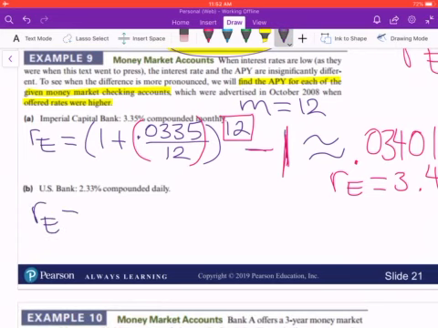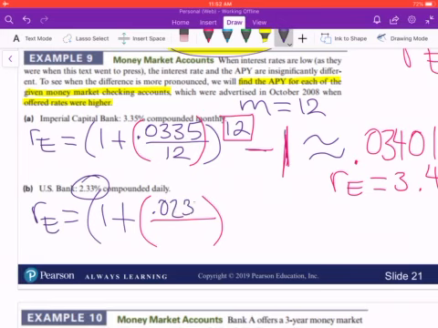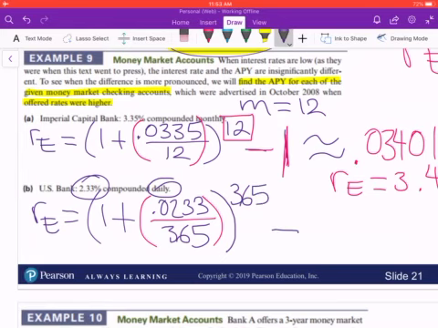Now for the next problem, we're also finding the effective rate. Remember, we're going to use the formula. So that would be 1 plus. Here we will have 2.33% or 0.0233. This is compounded daily. So for m, we will use 365, to the power 365. And here I'm missing, I have to close this parentheses again. And then the exponent is 365, then minus 1.